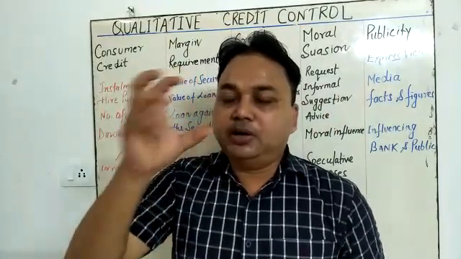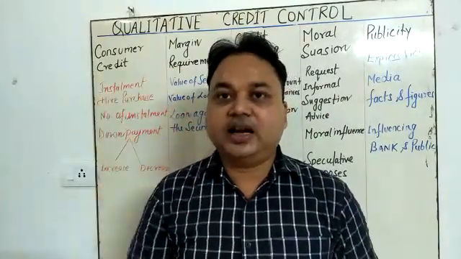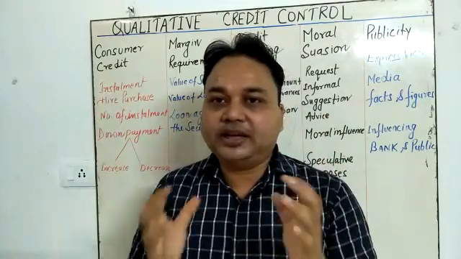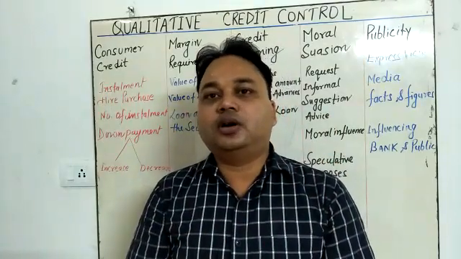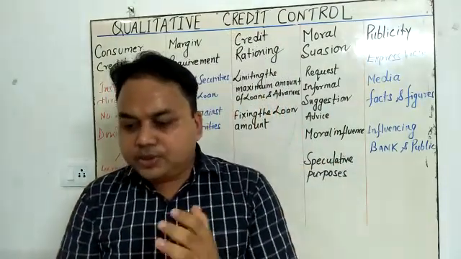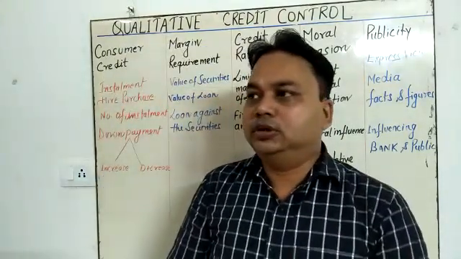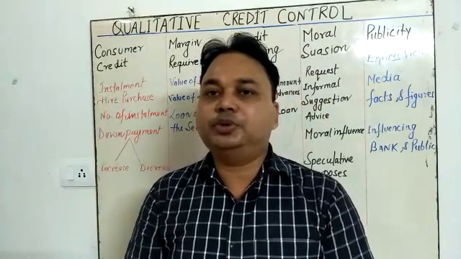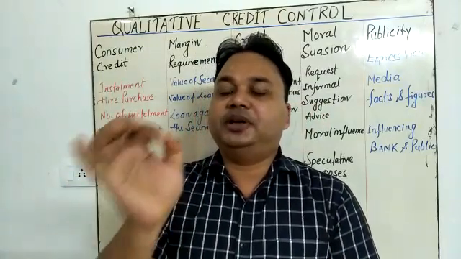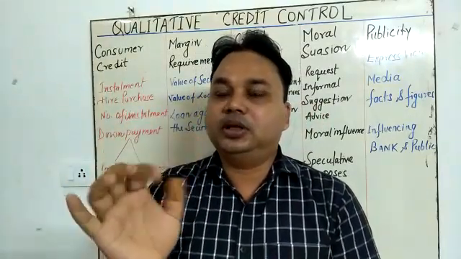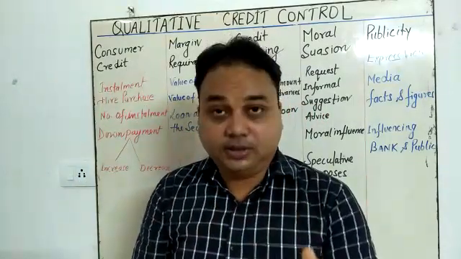The difference between the amount of the mortgaged assets and the amount of the loan you get is called margin. Suppose you want to get a loan through a debenture, and you give collateral security. This is called a secured loan.